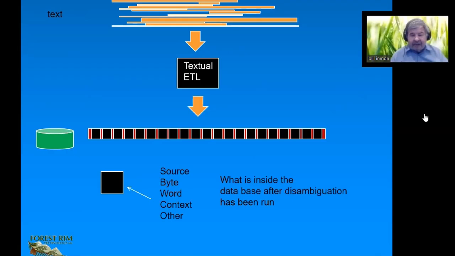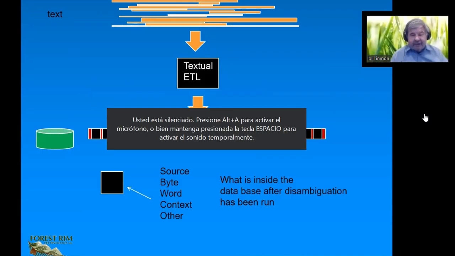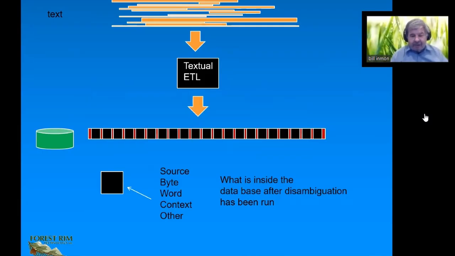So when you take a look at what's inside your database, you have such things as the word, the context of the word, the source of the word, and the byte address. These are the bare minimum of what you need in terms of your database structure. So again, you read raw text, you analyze it, you put the raw text into the form of a database with these elements in the database.